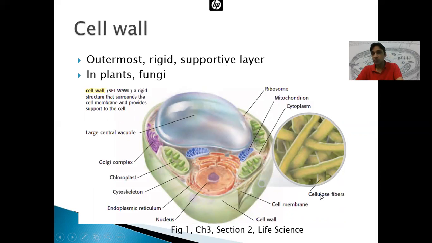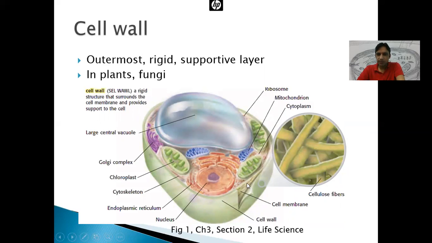It is made up of a large number of small repeating units, and those repeating units are glucose. They are small units of glucose which combine to make long threads, and these long threads are present in a crisscross manner to create the cell wall. It is responsible for the shape of the cell.